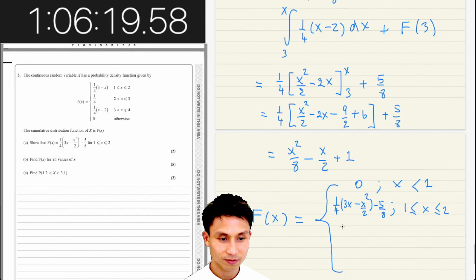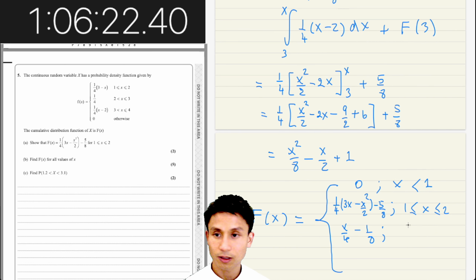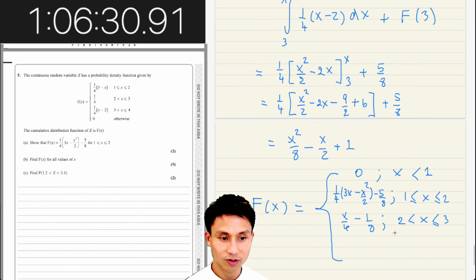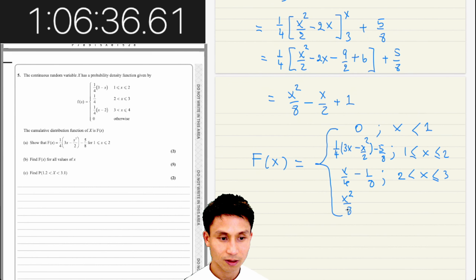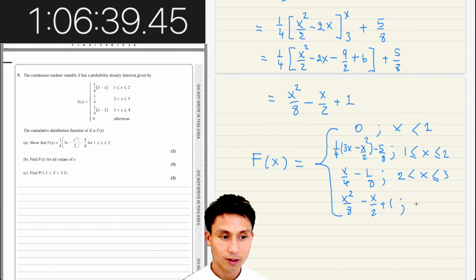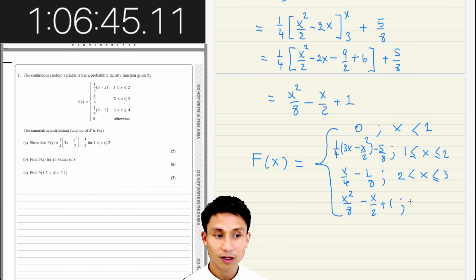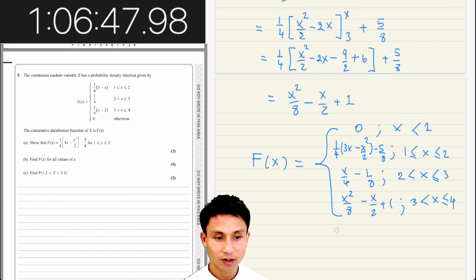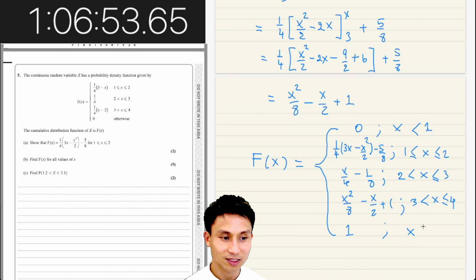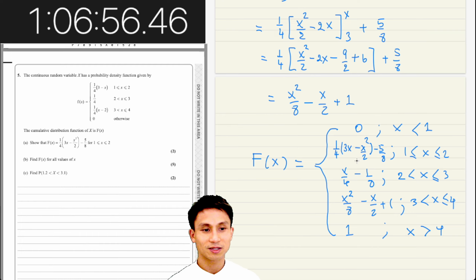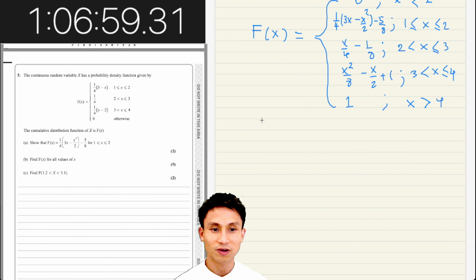Yeah, that's the next part, which is 2 less than x less than or equal to 3. And then the last part is this guy, yeah? And that is just 3 less than x less than or equal to 4. I'm just stunned a bit because I'm out of space. That should be a 1 here as well, and that is x greater than 4. Alrighty, so that is our cumulative distribution function.